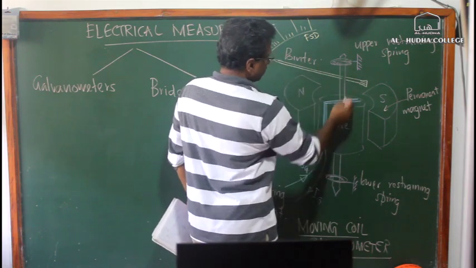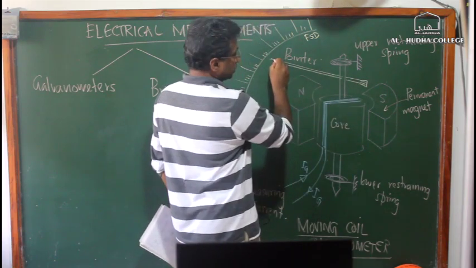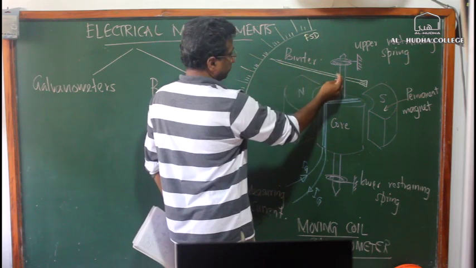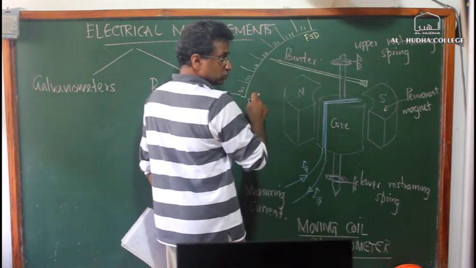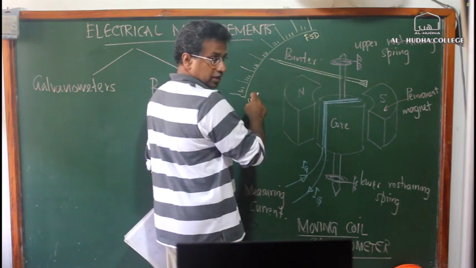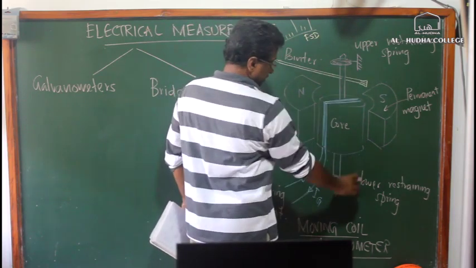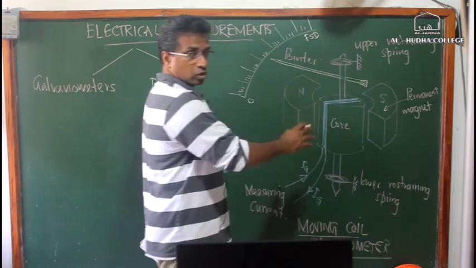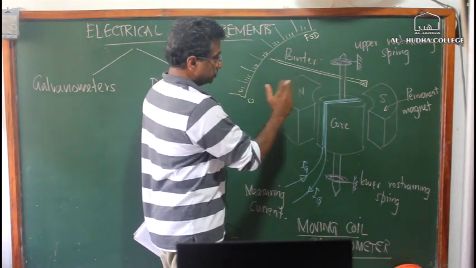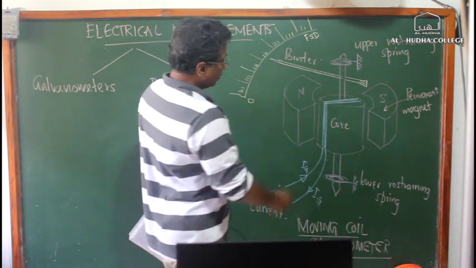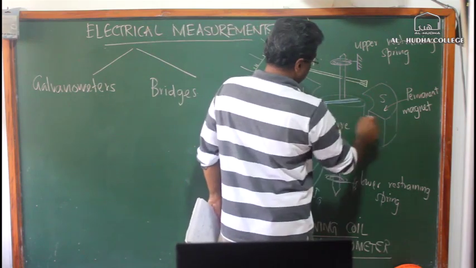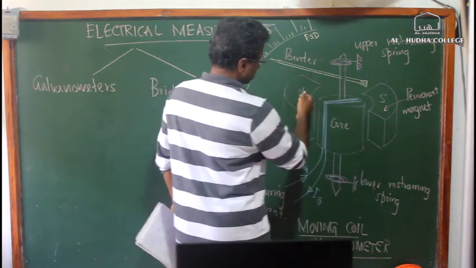To the axis we have connected a pointer, right? So the pointer is normally pointing to 0 in the scale, and that is how the springs are keeping the core position, right? Now we have two permanent magnets on both sides with north and south.